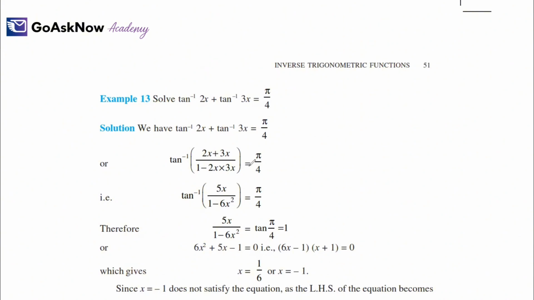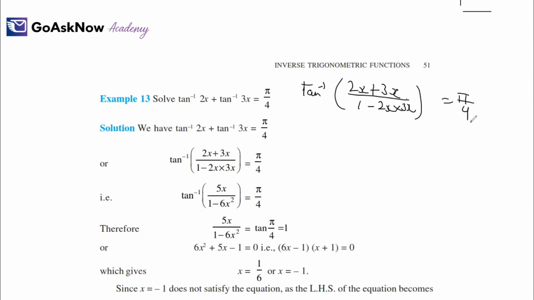Okay. So what can you do here? You can apply the tan inverse x plus tan inverse y formula. Applying that, we get tan inverse of (2x plus 3x) upon (1 minus 2x into 3x) is equal to pi by 4.